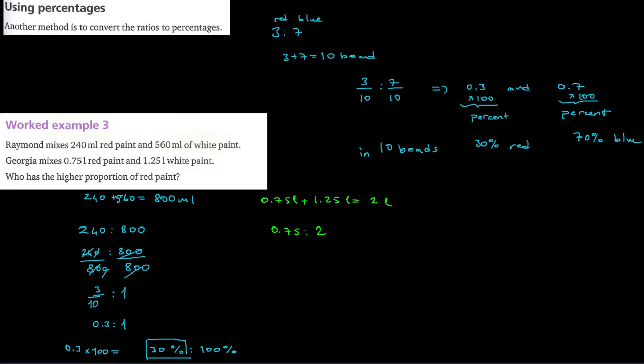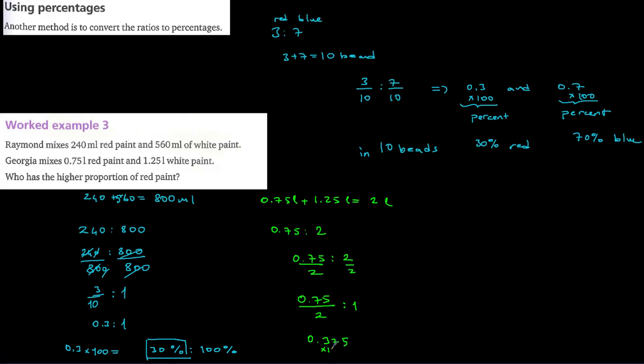Okay, the second one we can do like this: 0.75 divided by 2, both of them divided by 2. Let me rewrite this part. 0.75 over 2 is equal to 0.375.